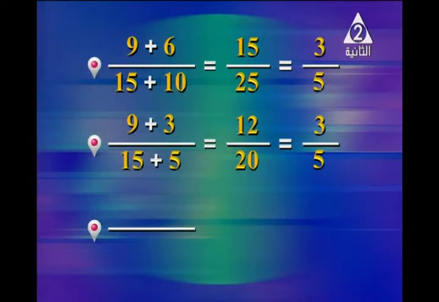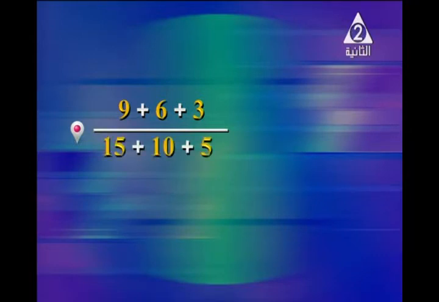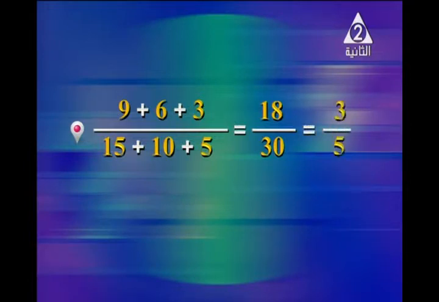Another: (6 + 3)/(10 + 5) = 9/15 = 3/5. And 9 plus 6 plus 3, the sum of all antecedents, over 15 plus 10 plus 5, the sum of all consequents, equals 18/30, equals the same ratio 3/5.